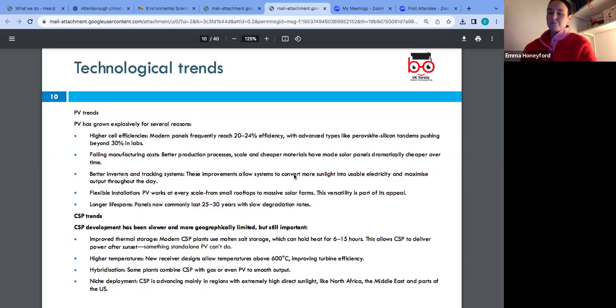We know that it's all about how we scale up technology, and if the supply chain is there, and when there is that demand, that drives down the costs of materials.